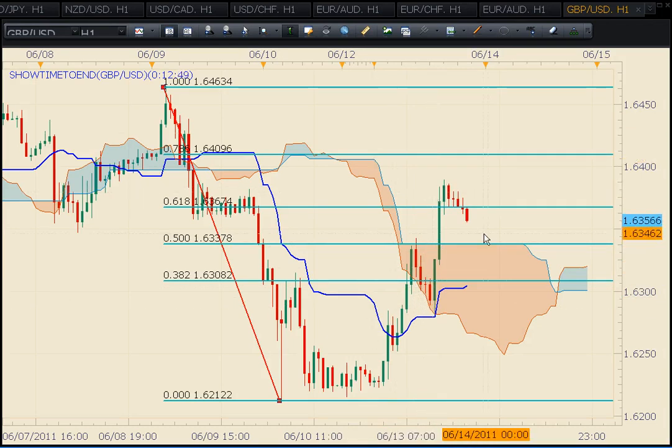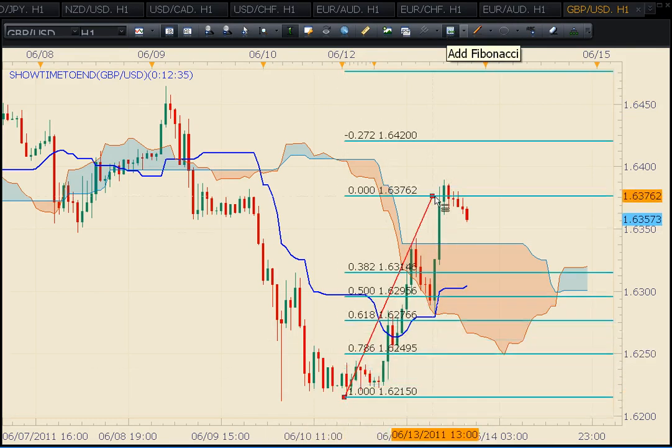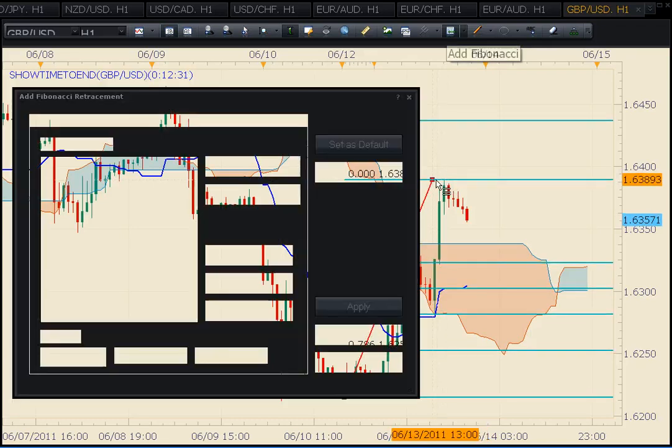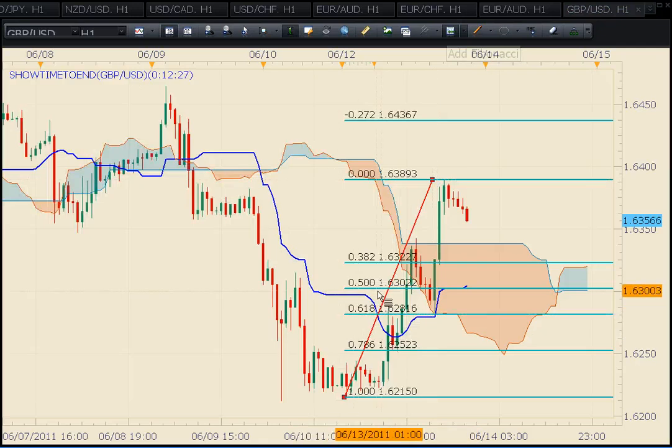So now if we took the move the opposite way and put our fib numbers in, let's see what we would get. Okay, so now you draw your fibs from here to here. Now you see the 50% is almost smack even on that Kumo bottom right here.